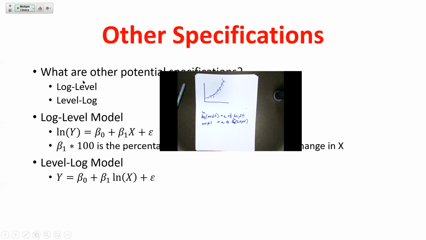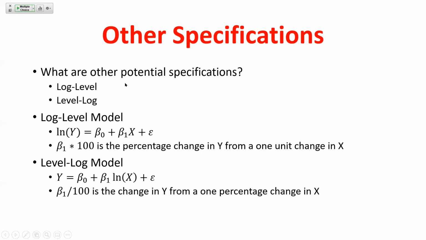So I've got two models, all right? And the interpretation of the coefficients gets a little bit trickier. So for the log level model, where I've taken the natural log of my dependent or left-hand or y variable, beta 1 now is a 1 unit change in x would predict that the percentage change in y would be beta 1 times 100.